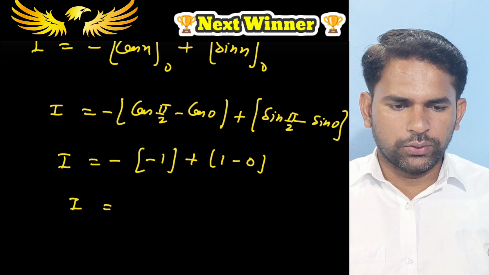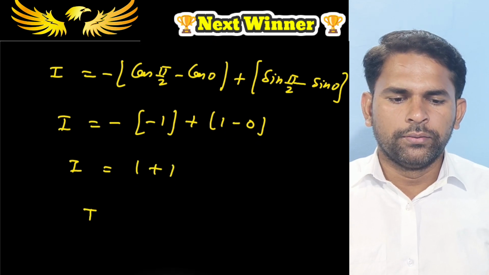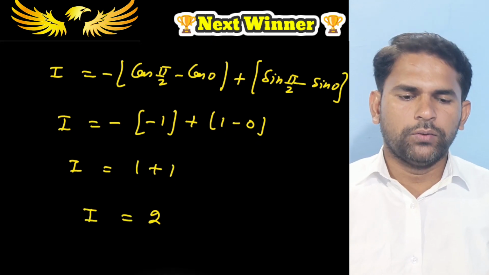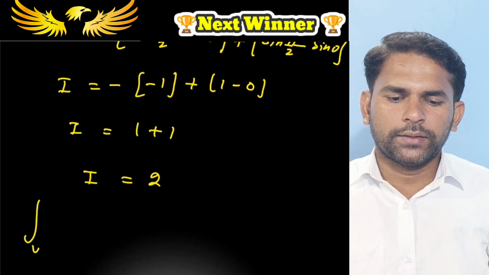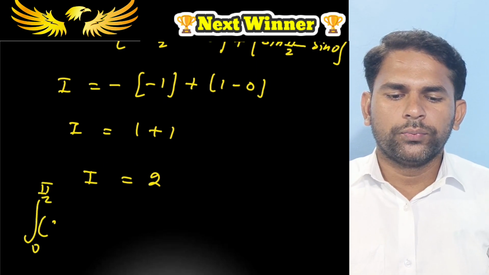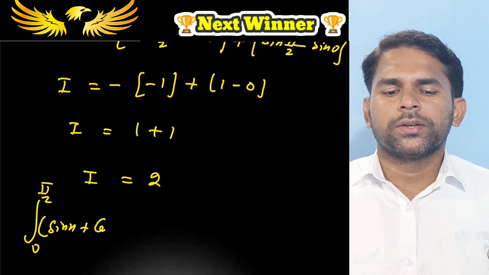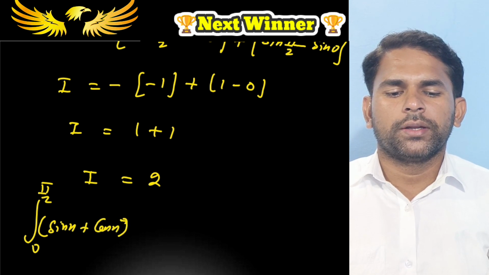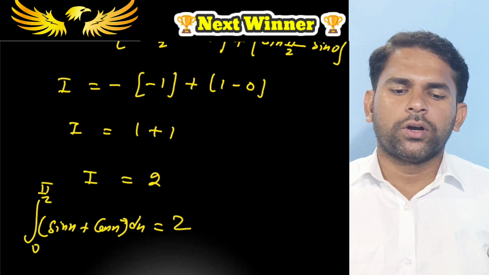So I is equal to 1 plus 1, finally we got 2. Which value did we get? 2. The integration from 0 to pi by 2 of sin x plus cos x dx gives 2.